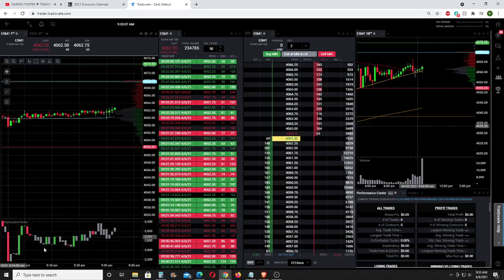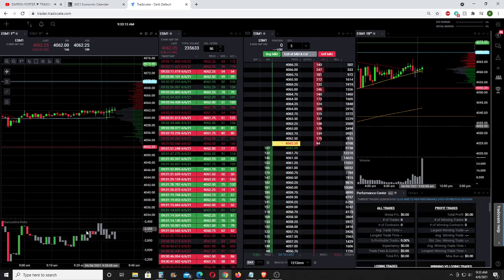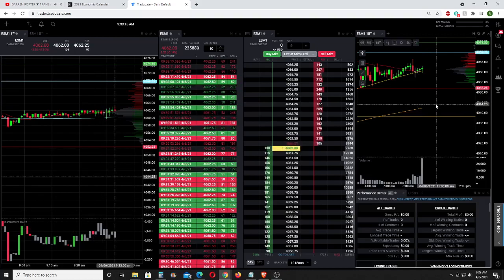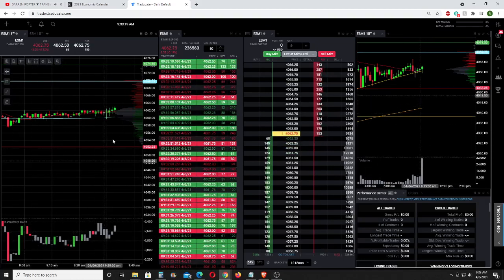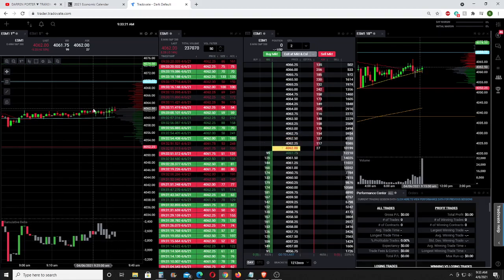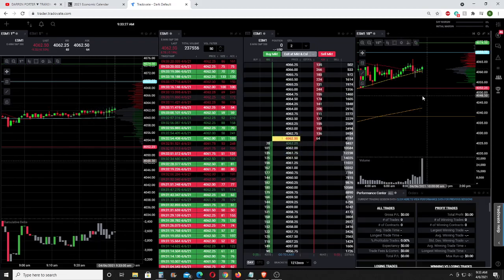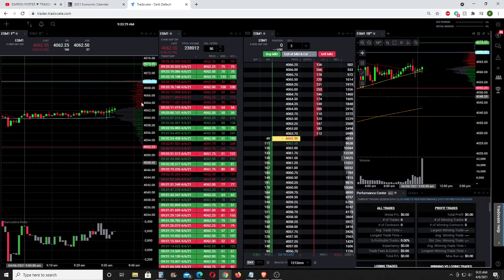This is the cumulative delta. I use this to give further confirmation to my trades, on the bottom left corner here. There's barely any movement here.